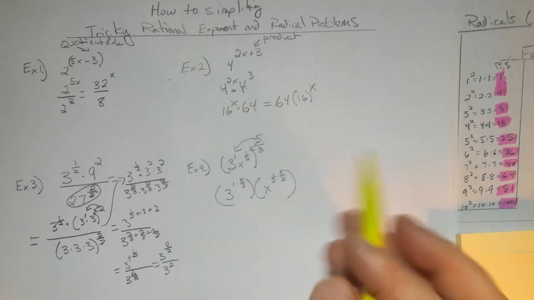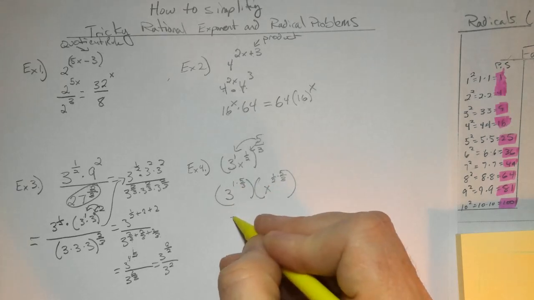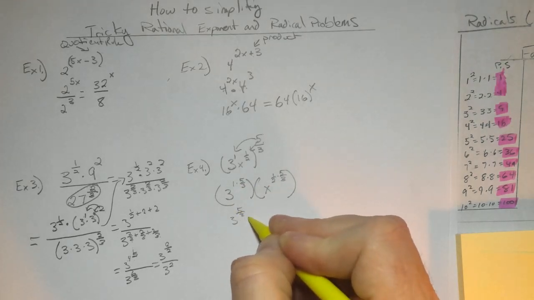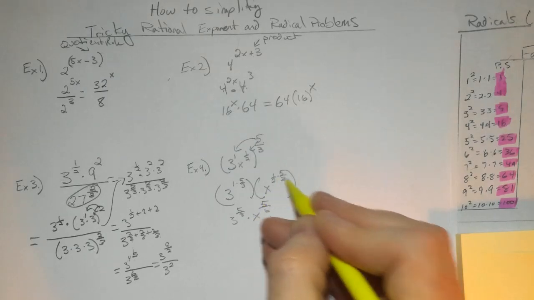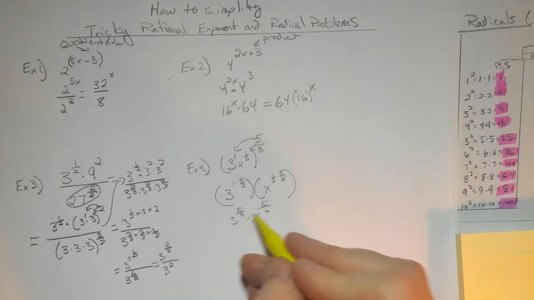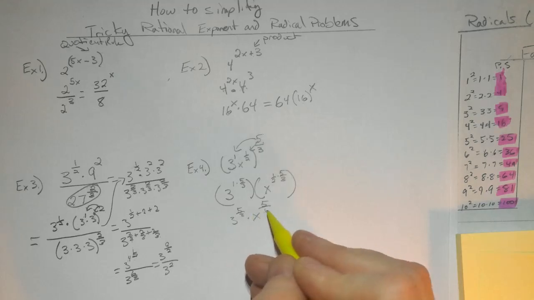So it doesn't look like we're going to need our perfect squares for these examples, but that's okay. So what do I end up with? I end up with 3 to the 5/3 power, times x to the 5/6 power, right? I multiply. Now, I can rewrite this in different formats. They don't have the same fractional exponents, so they don't have the same root.